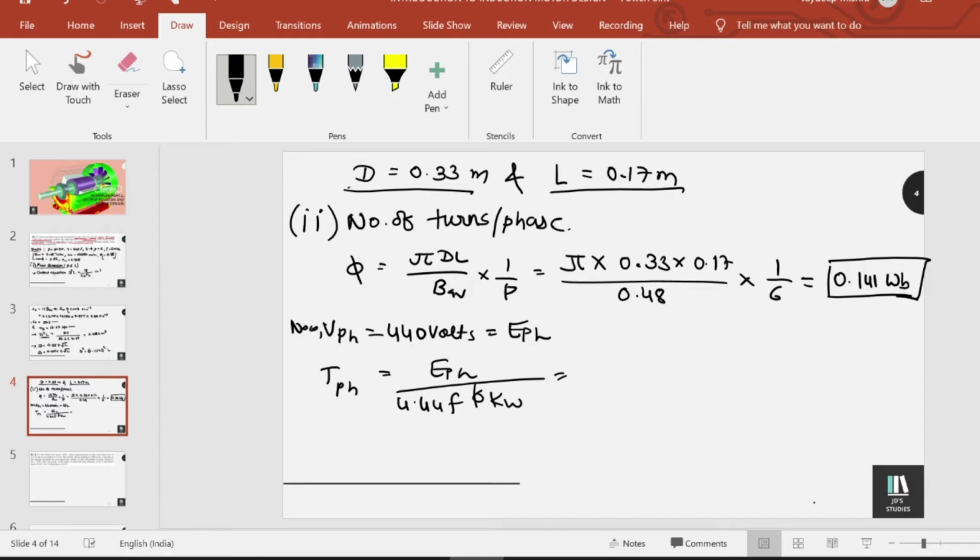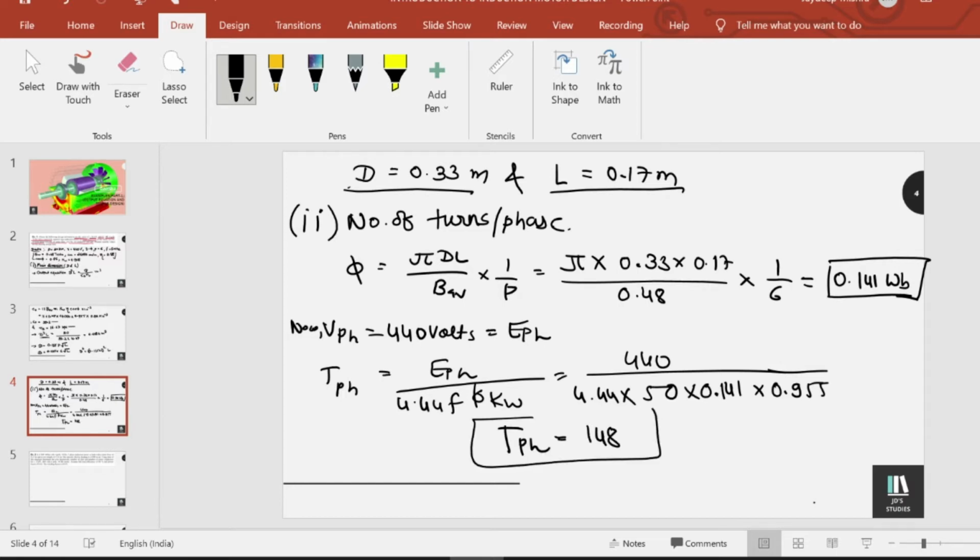What is the value of E phase? 440 volt divided by 4.44. Frequency is 50 hertz. We put the phi here, 0.141, and the winding factor, which is 0.955. Solve it and we get the value of T phase, meaning turns per phase, is 148.